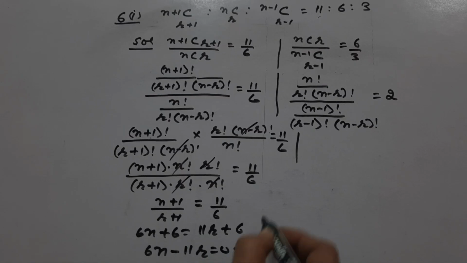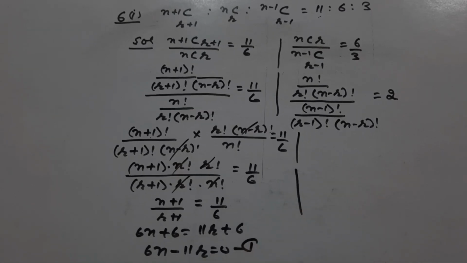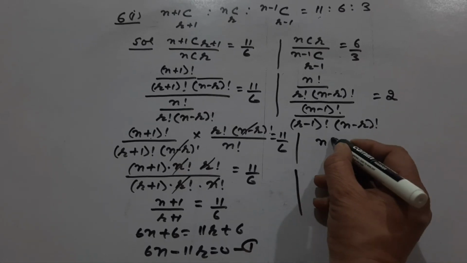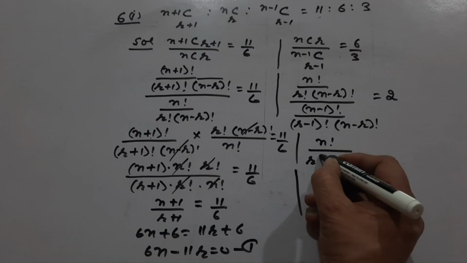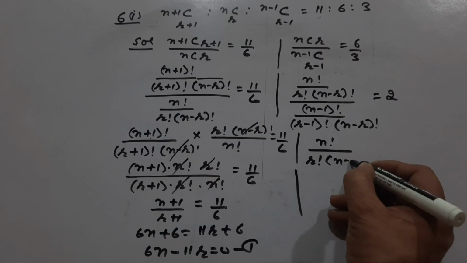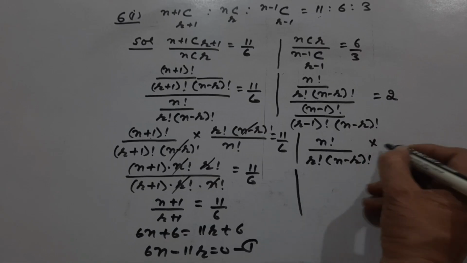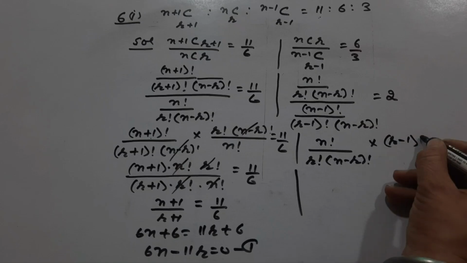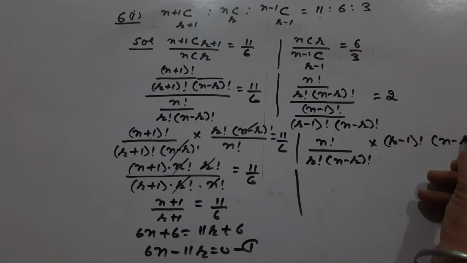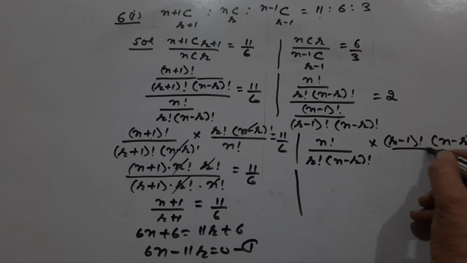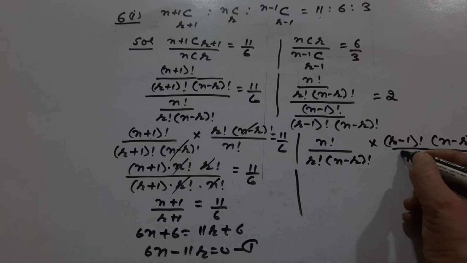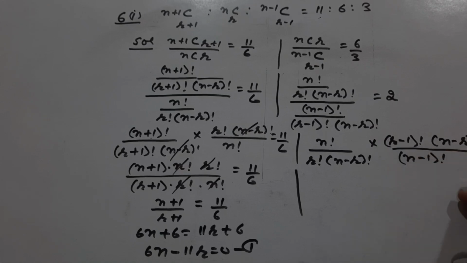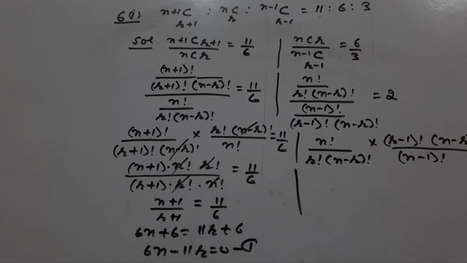This is the first equation, right? Now here n factorial upon r factorial into n minus r factorial, times r minus 1 factorial into n minus r factorial upon n minus 1 factorial equal to 2, right?